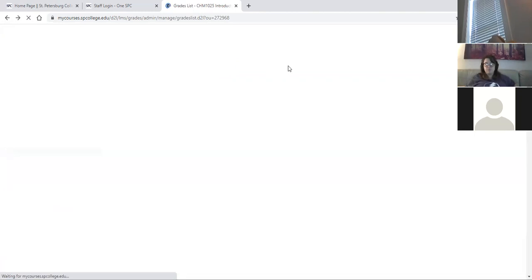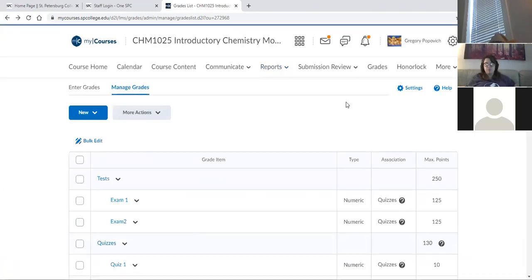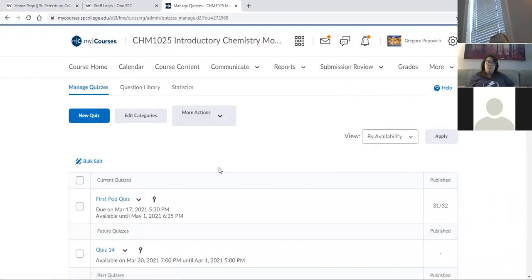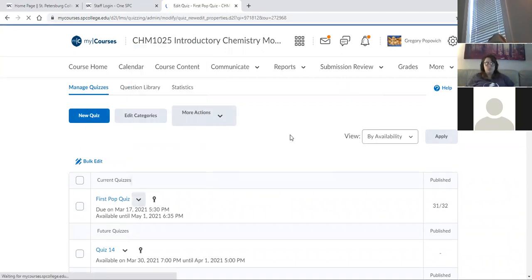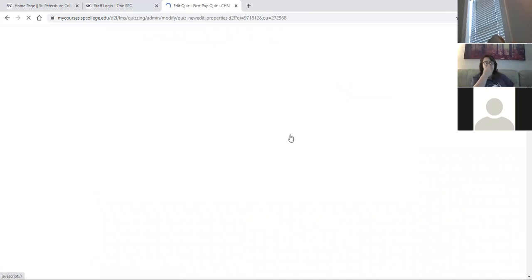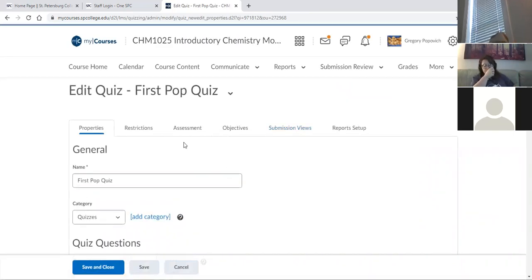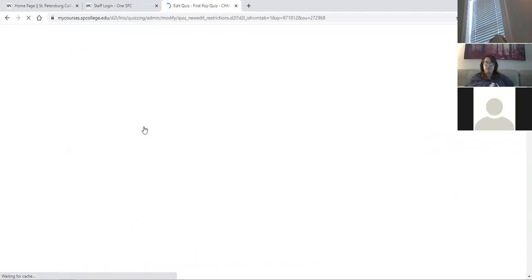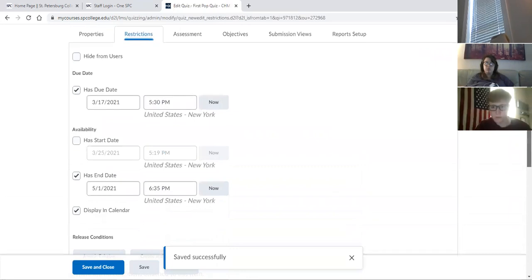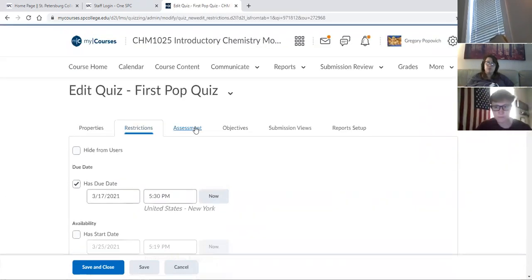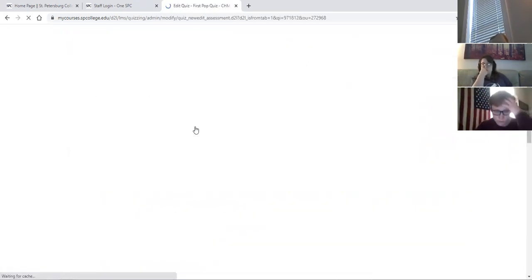There's one button I need to push. There's a button in here that automatically puts it over to the grade book, and I'm sure that has not been done.